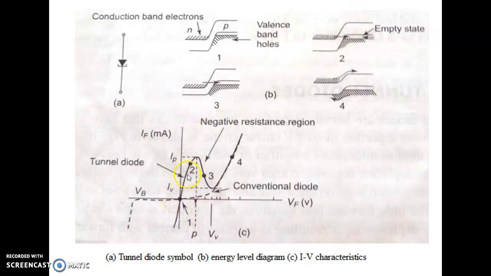This is represented here too. Now suppose we start increasing this voltage further. If you look at the electron energy levels in the n-side region and the hole energy levels in the p-plus side region, they were overlapping exactly with each other.